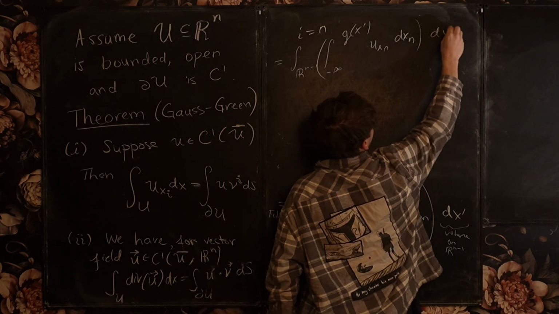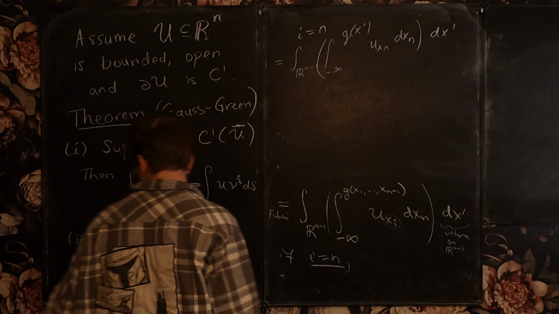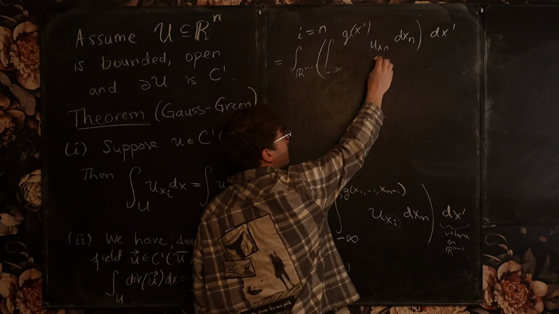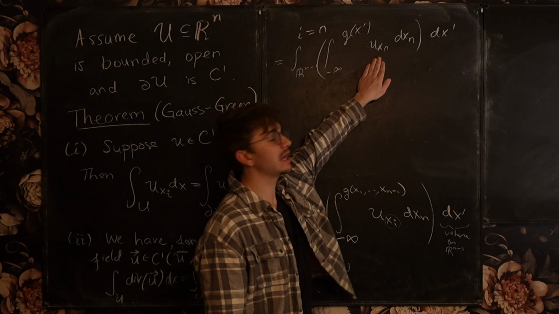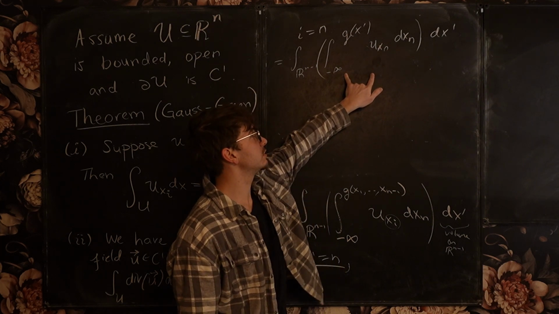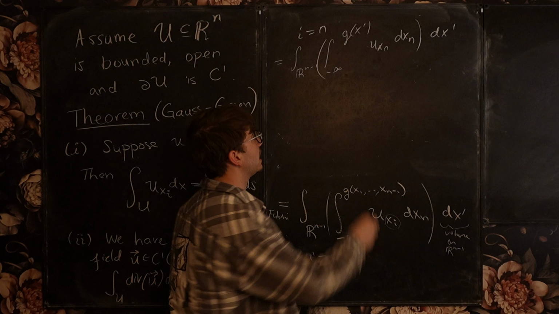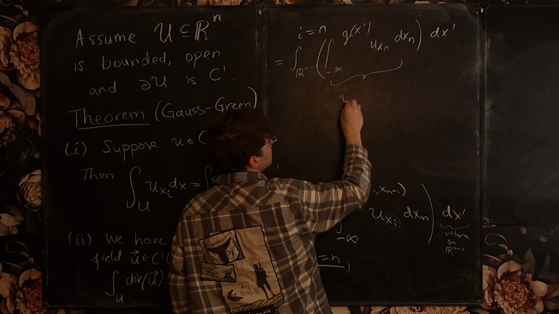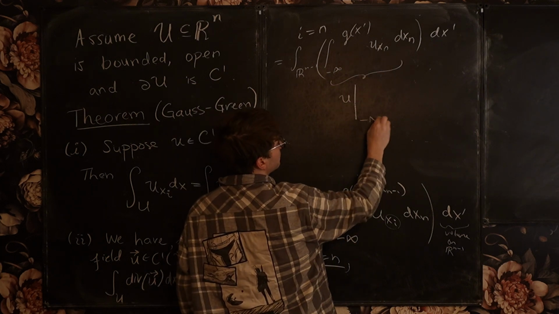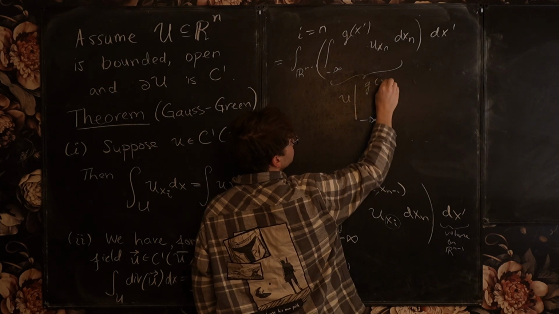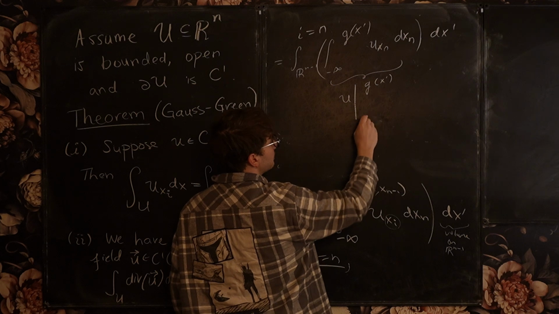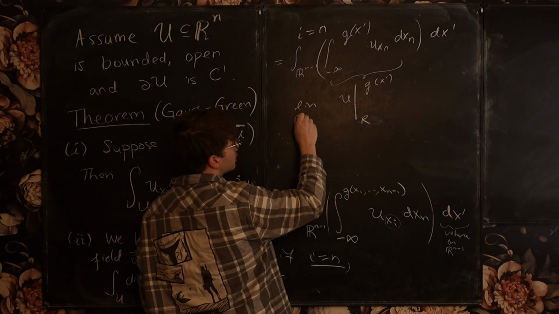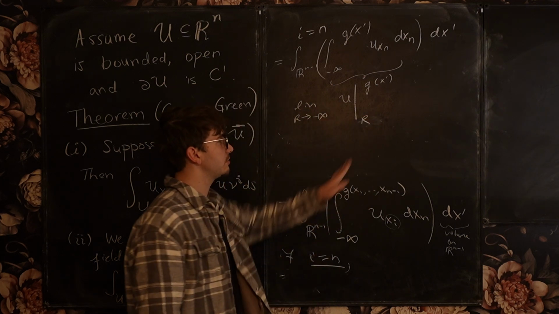and then dx prime. Okay, but as before, I can use the fundamental theorem of calculus here, the fundamental theorem of calculus in one variable, namely the variable xn, to evaluate this integral, and it's simply equal to U evaluated at the bounds. So this integral evaluates to U evaluated at the bounds negative infinity to G of x prime, and really I should say this is the limit as r goes to negative infinity for some number r.